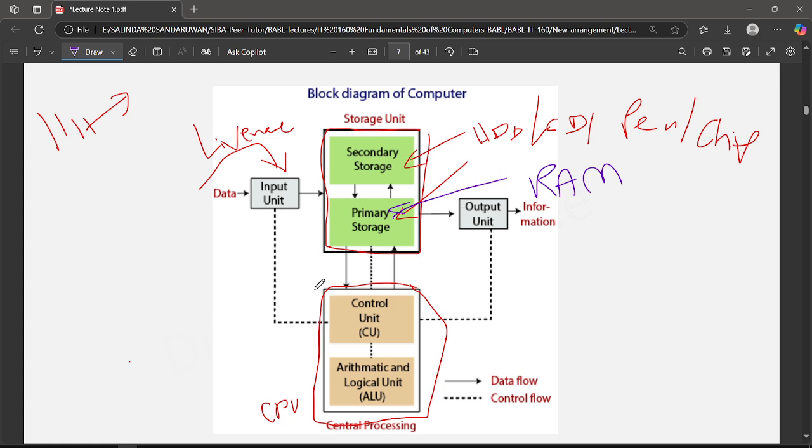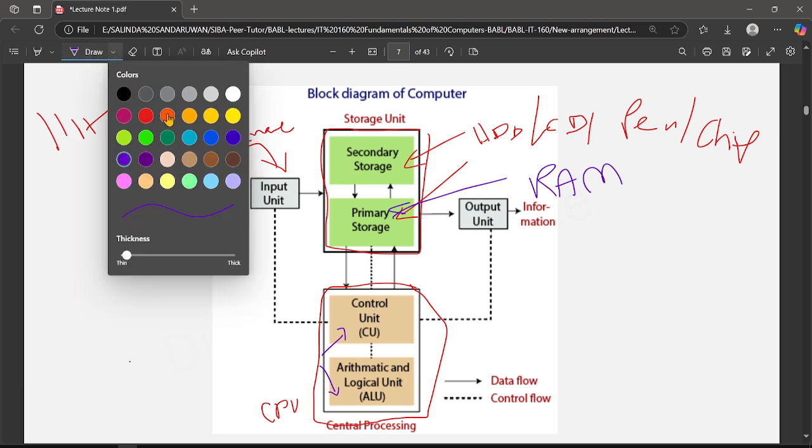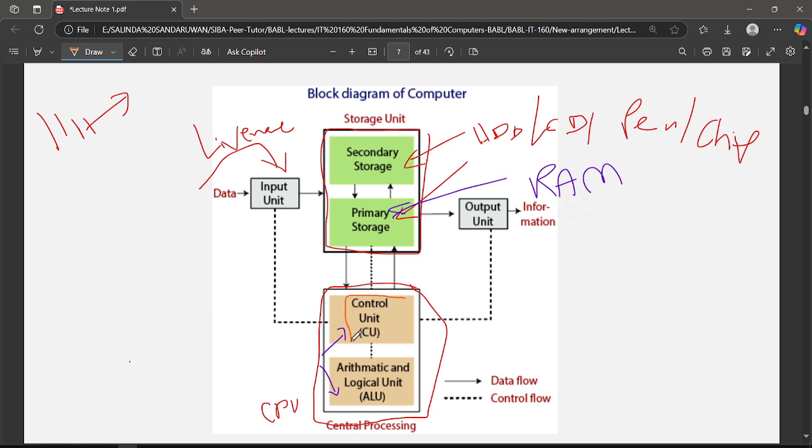Then what about the control unit and the ALU, the arithmetic logic unit? These are the two sections of the CPU. The CPU consists of the control unit and the ALU. The control unit will control the parts in the computer.